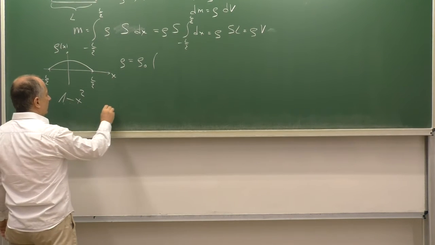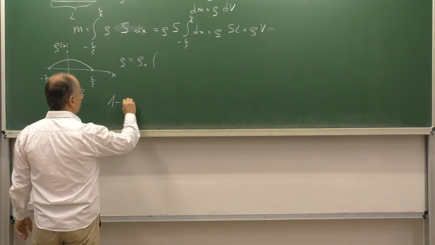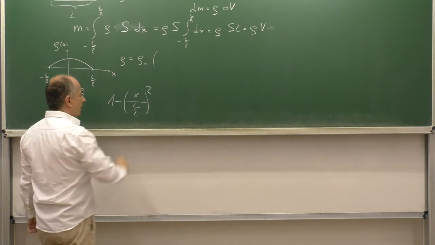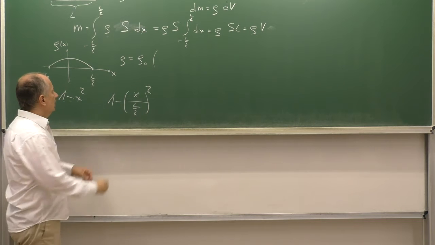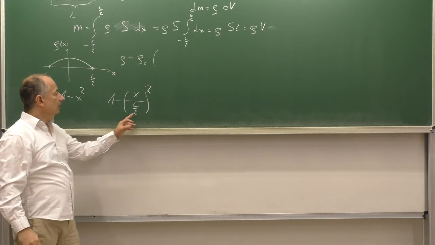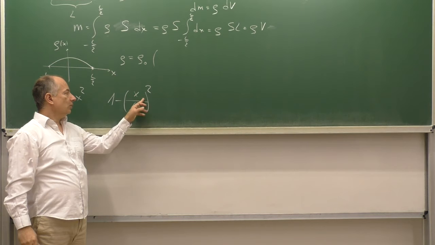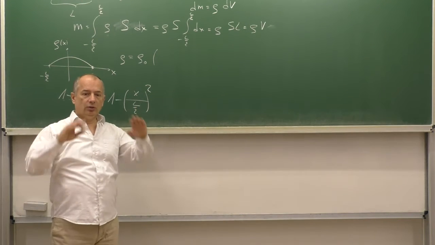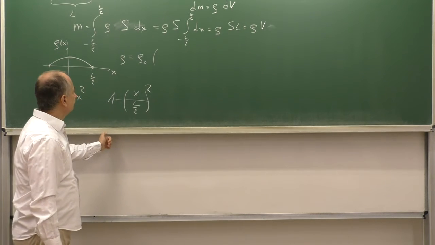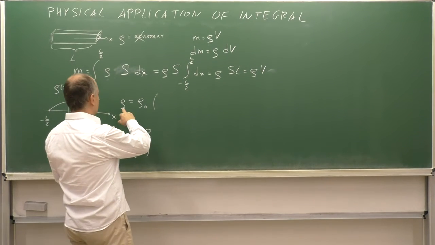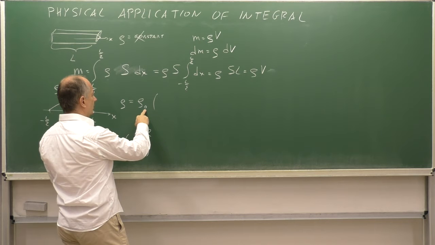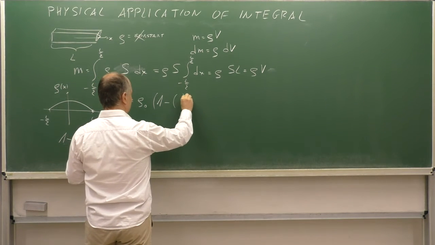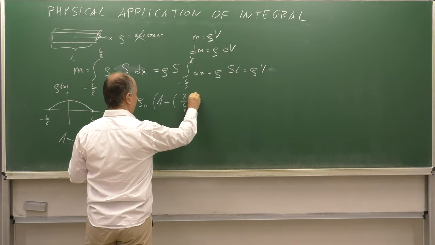So instead of 1 minus x squared, we could use 1 minus x divided by L half, squared. Because then, when x is equal to L half, this fraction is 1, 1 squared is 1, and 1 minus 1 is 0, and that's what we want, the density to be 0 at the endpoints. So we want the density rho to be some constant rho 0 times this expression, 1 minus (x divided by L half) squared.